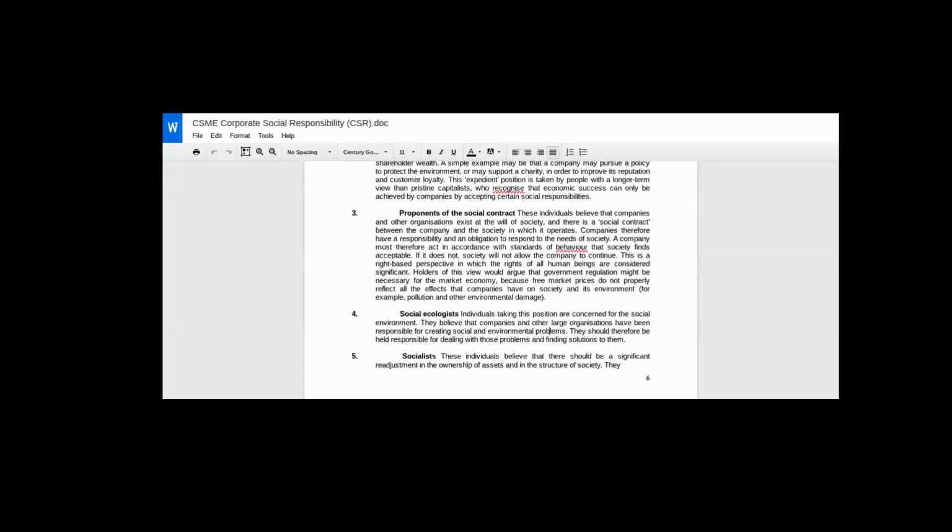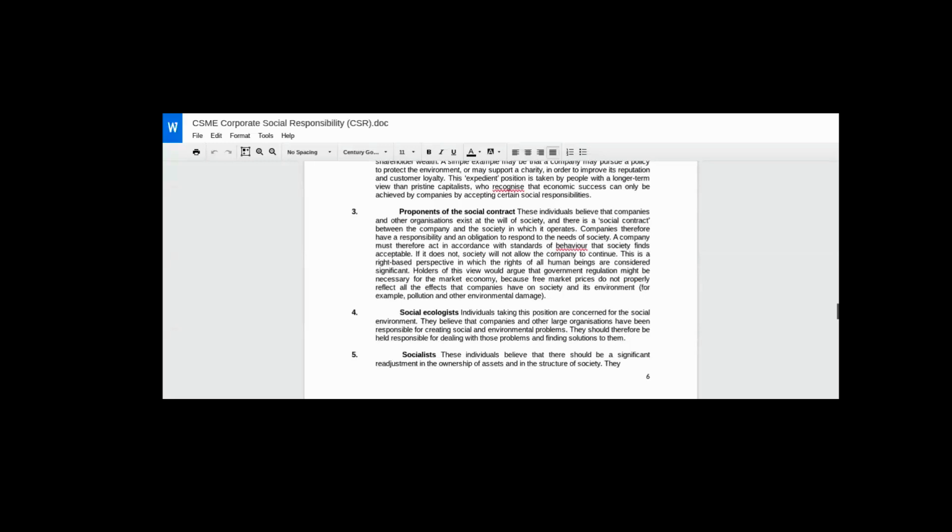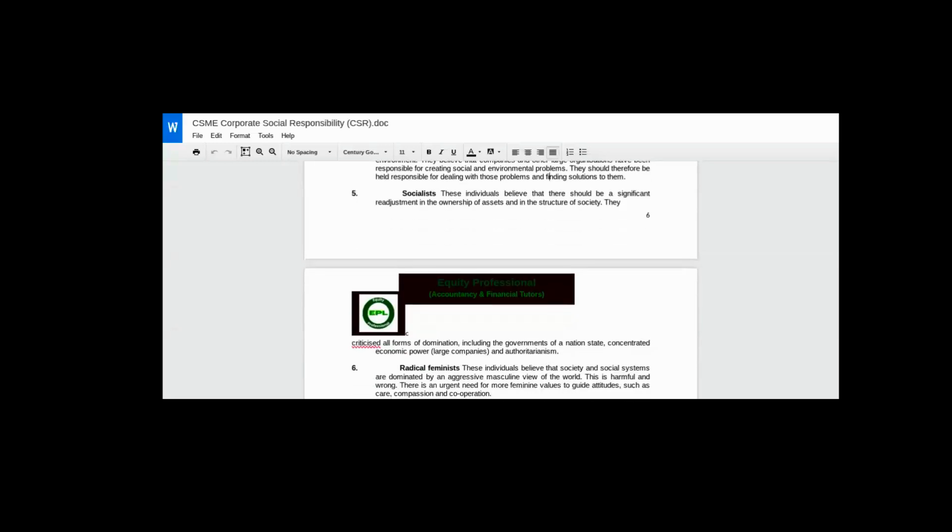That means they should therefore be held responsible for dealing with those problems and finding solutions to them. You can see empty nylons of pure water everywhere, empty pet bottles, a lot of environmental pollution and many more. It is all these companies that are causing it. As a result, they must be responsible to the society.